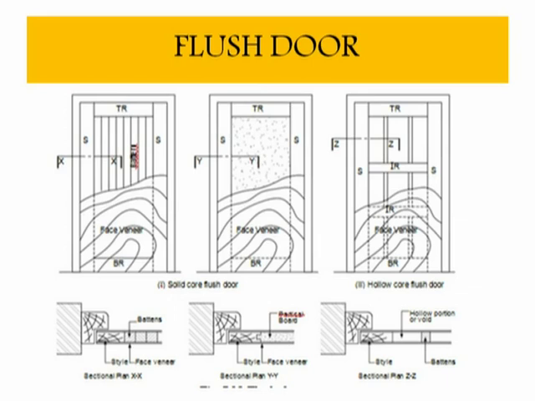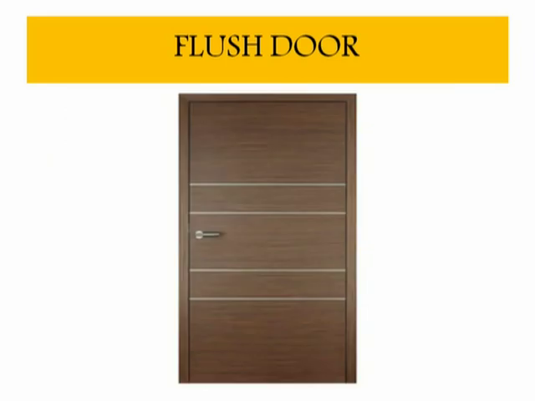This shutter is relatively very plain in surface and is fixed with the door frame. This type of door is known as a flush door. Here is an example of a flush door.